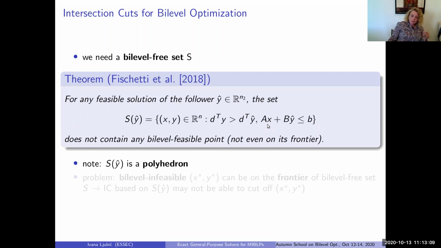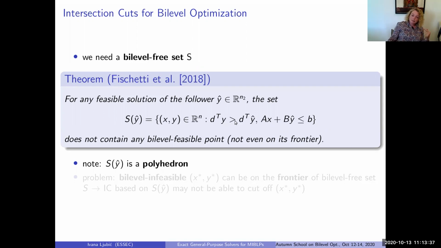However, remember that for the bilevel solution to be feasible, the optimum of the follower has to be considered, which means that any other point Y, such that the objective function value is greater than the objective function value evaluated in the point Y hat, will be an infeasible point.